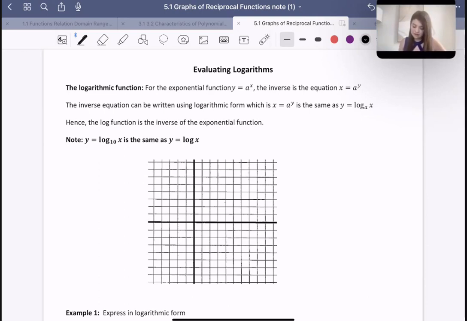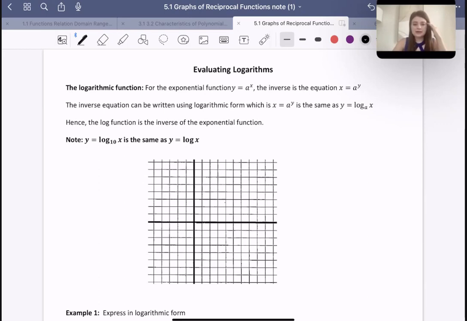I think they even give us an example here, and they say that for every exponential function y equals a to the power of x, the inverse equation is x equals a to the power of y. Because for an inverse, as we know, we swap x and y in order to find the inverse of anything in general.